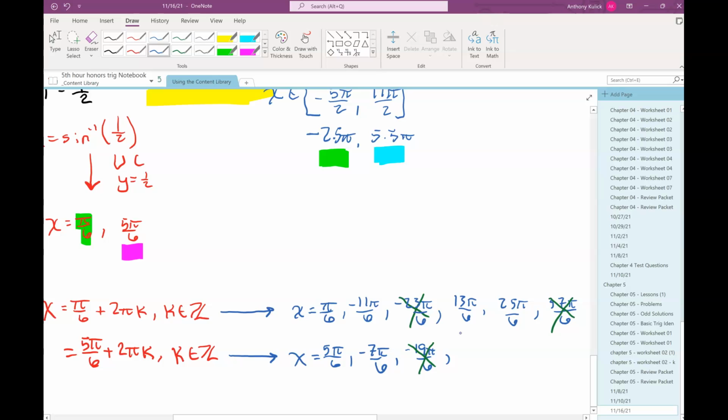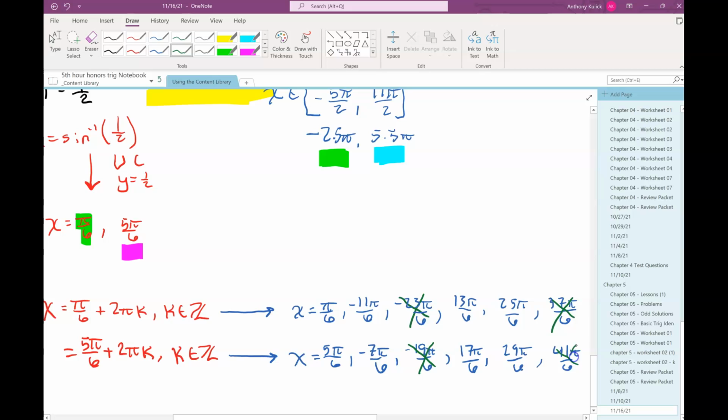And now we'll start adding. So that's 17 pi over 6. That's still less than 5.5 pi. Add again. 29 pi over 6. Still less than 5.5 pi. I'll add again. 41 pi over 6. That's almost 7 pi.